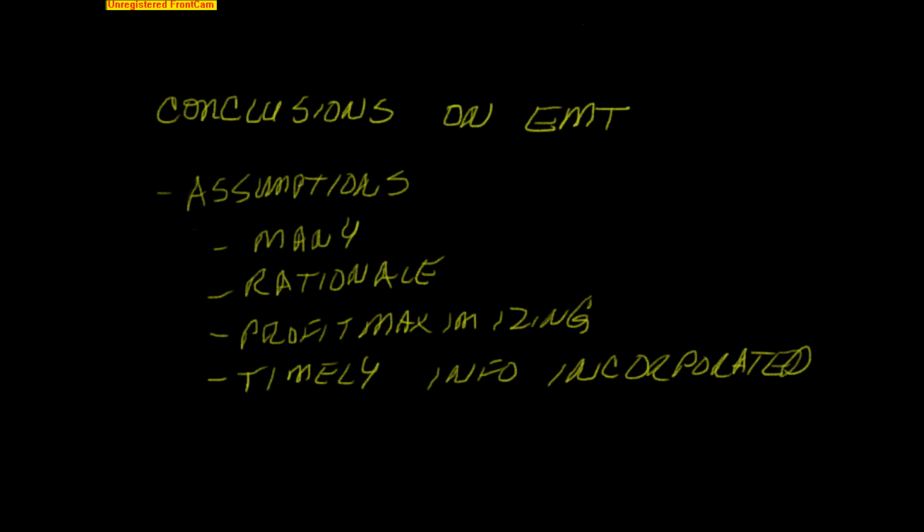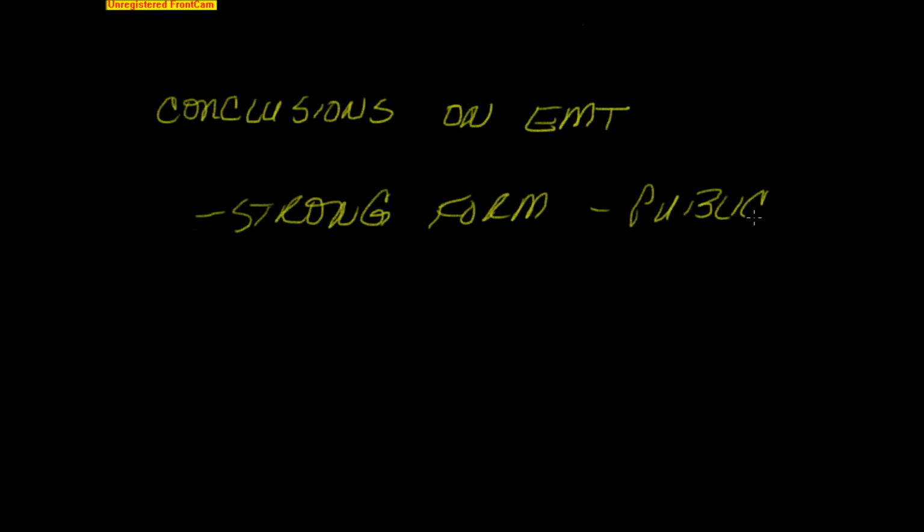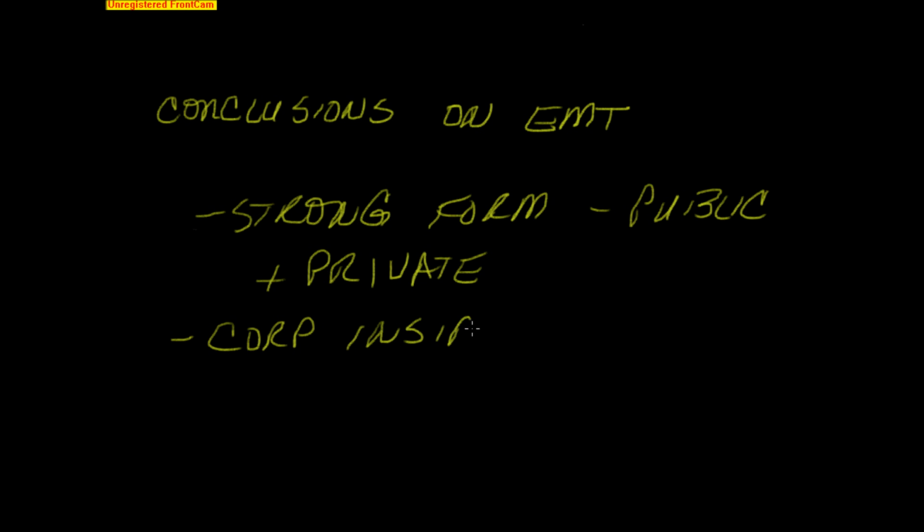So last form, just to wrap things up here quickly, the last form is strong form. So remember, this is public and private information is being incorporated in security prices. So here the problem is that corporate insiders, via study, have an advantage.